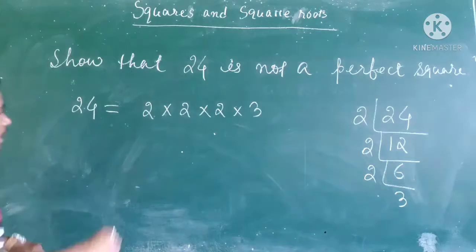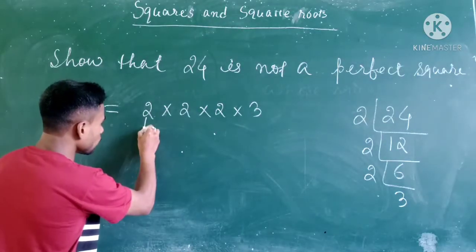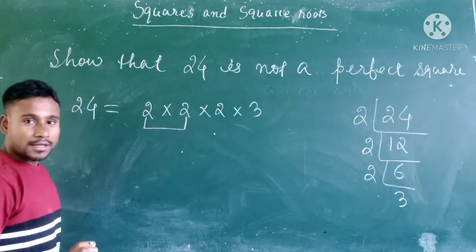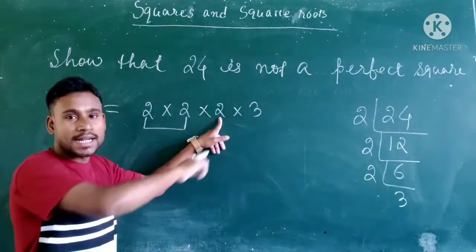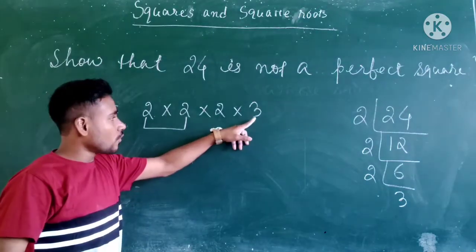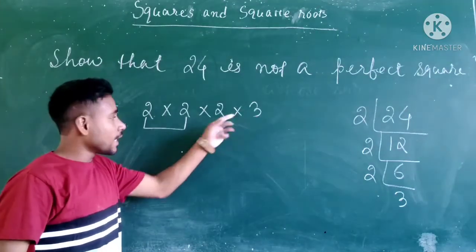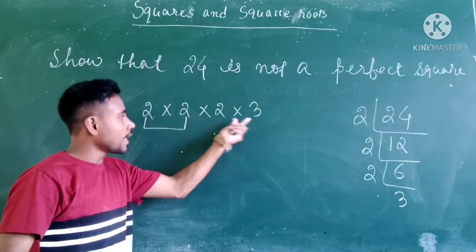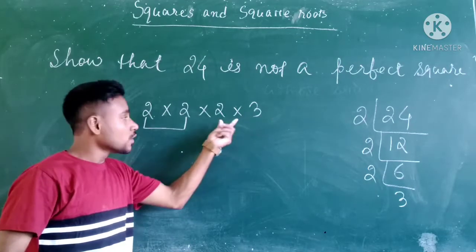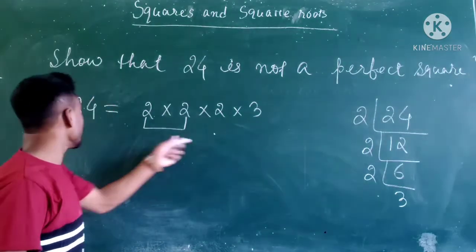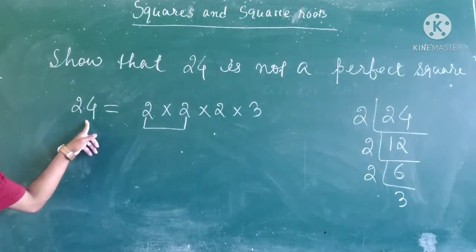Now see here, this is one pair. But is there any other pair for the remaining 2? No. For the 3 also there is no pair. So we can declare that 24 is not a perfect square.